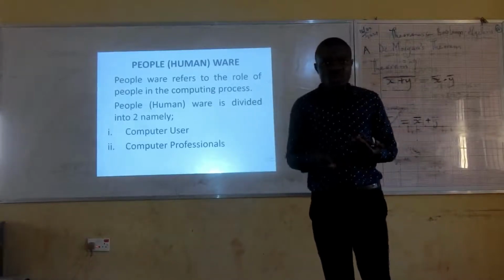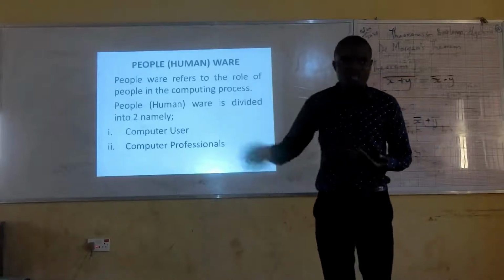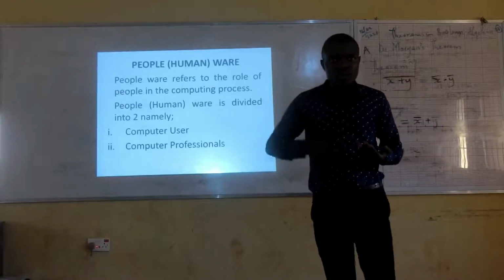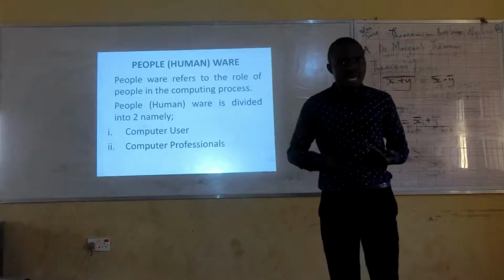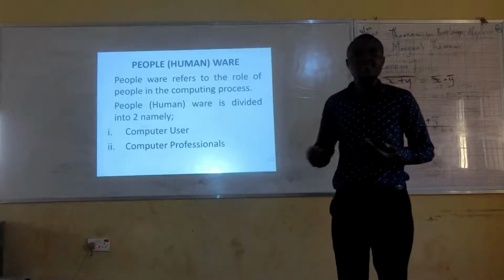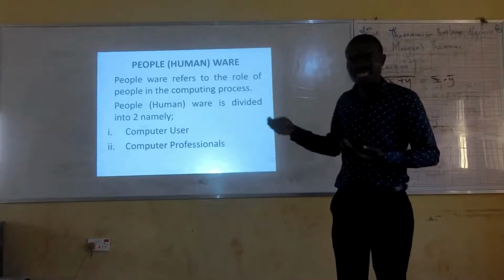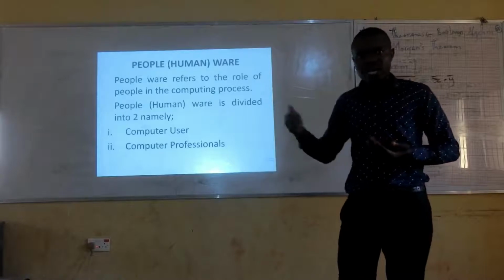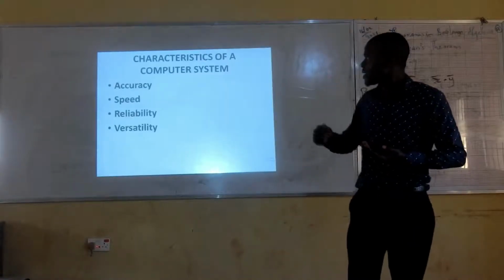Anybody that uses computer is computer user. And we also have computer professionals, people that have one or two certifications regarding computing and computer science. Examples are system analysts, system manager, programmers, and so on and so forth.